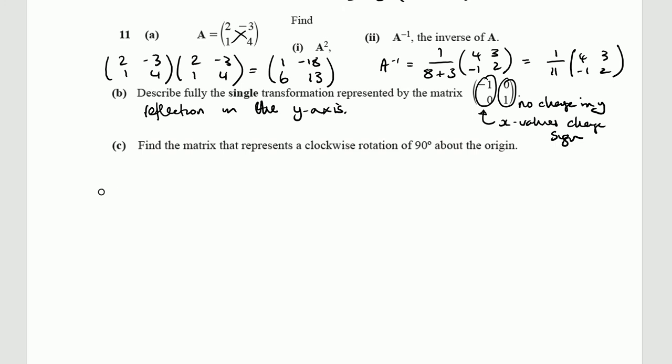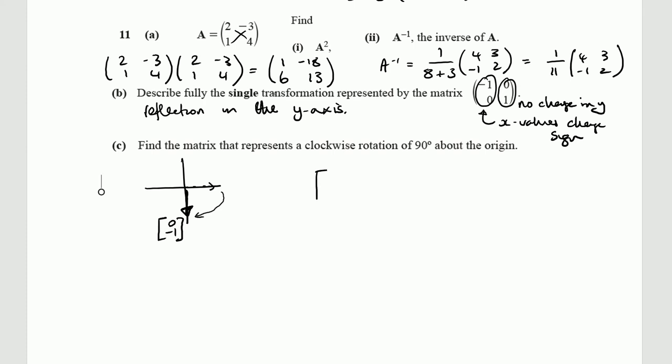Now I'm asked to find the matrix that represents a clockwise rotation 90 degrees around the origin. So you either know it or you have to work it out. My x vector, 1, 0, if I rotate that 90 degrees clockwise around the origin, it would end up down here, at 0, minus 1.